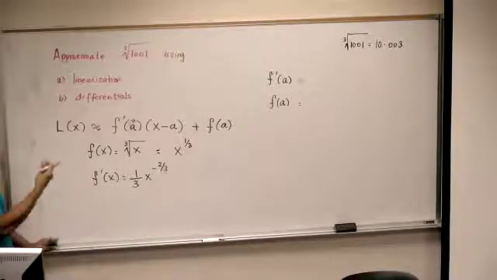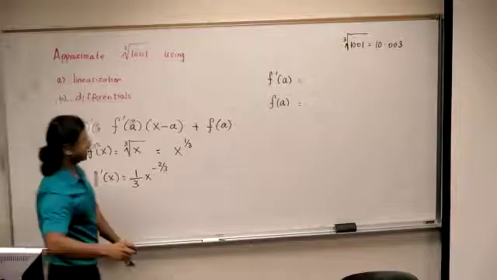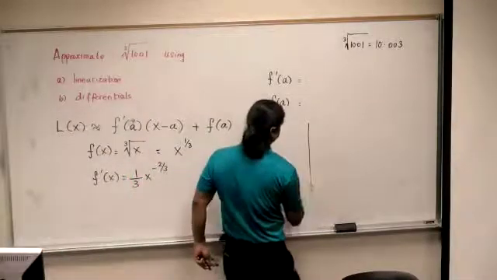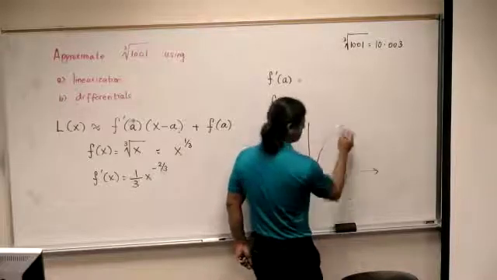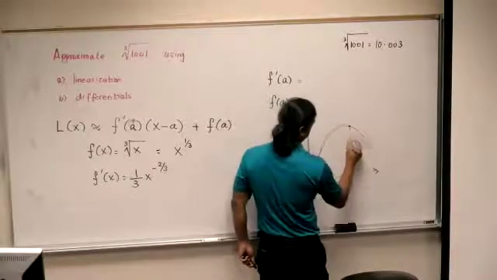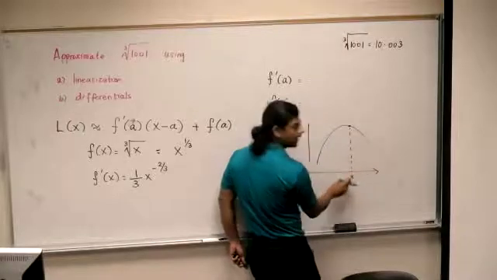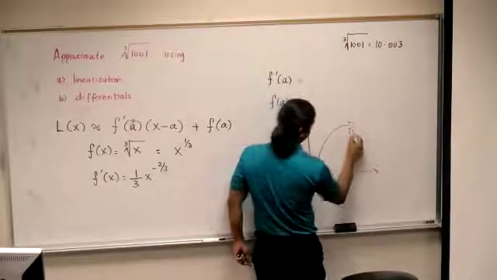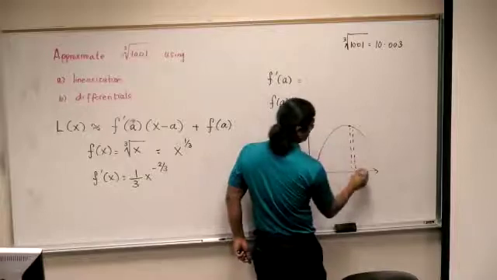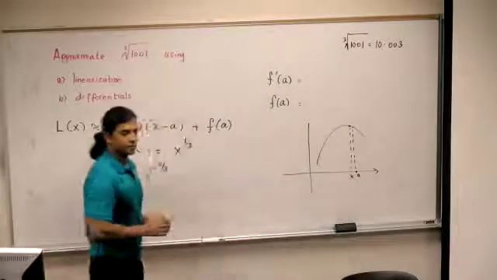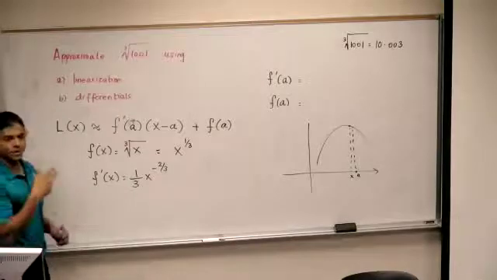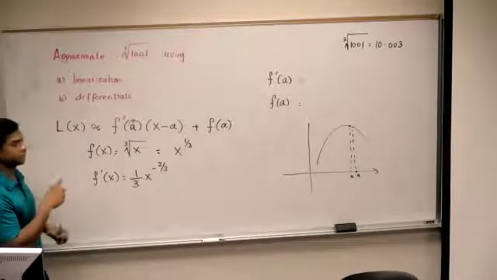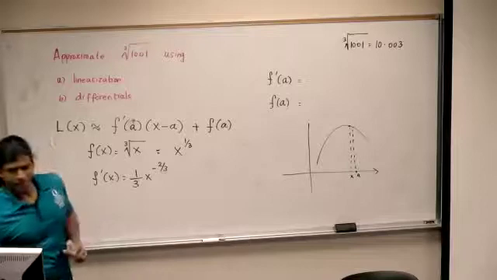X and a. Last time I drew a picture, right? You can look at the picture. I picked an x, and then a. A was very close to x, correct? A has to be in the neighborhood of x.